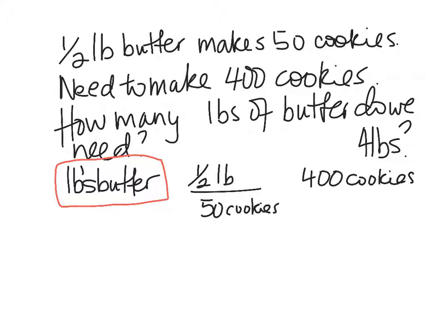Is it on top? Yes. We've got a half a pound over 50 cookies. So we don't want 50 cookies, so you take your ratio here and you multiply it by the cookies so that the cookies cancel.